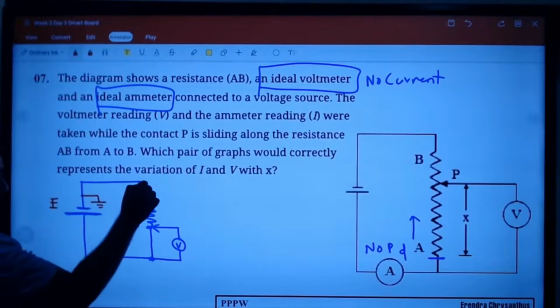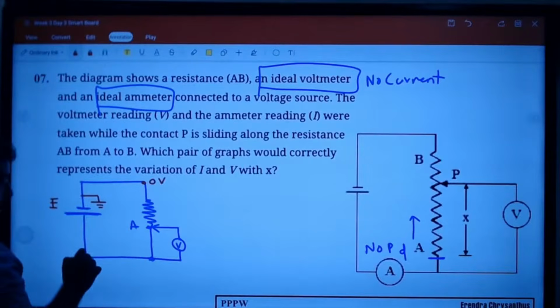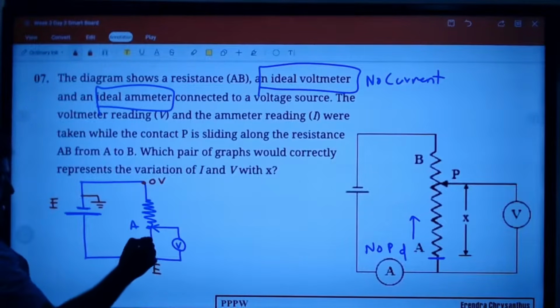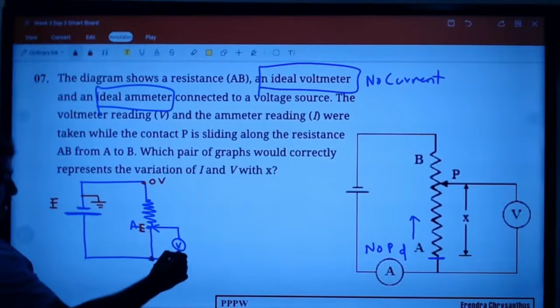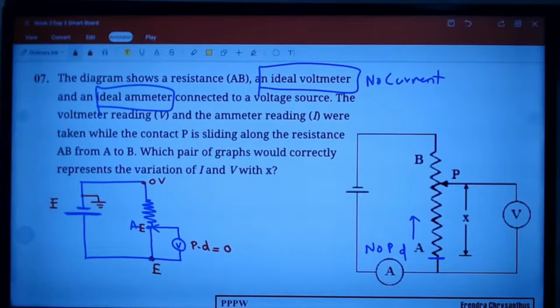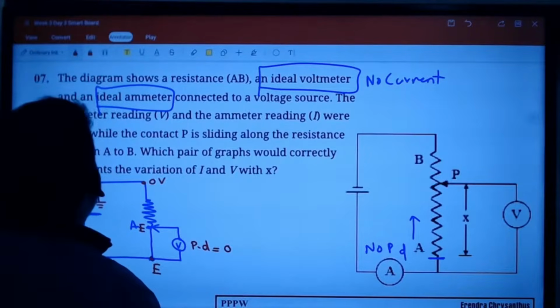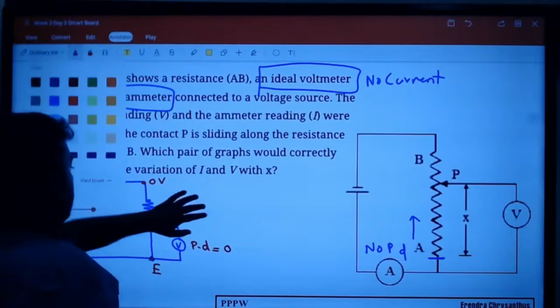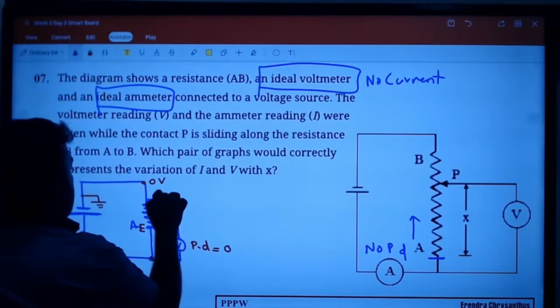To ground the negative terminal, here 0 volt, here it's going to be E. Look at the board now. Here there is no resistance, here also E. So what's your potential difference? Potential difference is going to be 0. Then I'm moving it up to B.